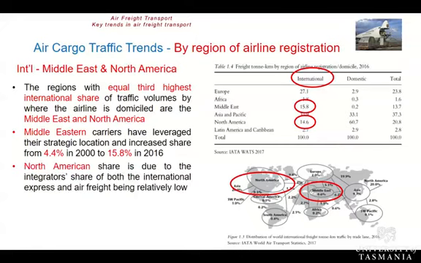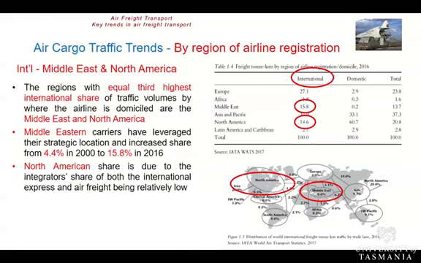North America share you might expect to be a little bit higher than it is. It sits at around about 15%. However, much of the reason for that relatively small, I mean it's still a significant volume, is the fact that integrators have very little share of international express and air freight.